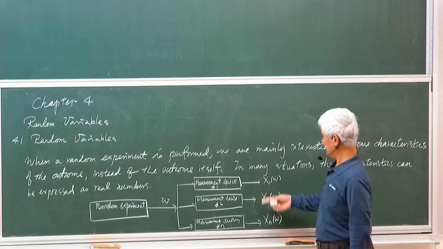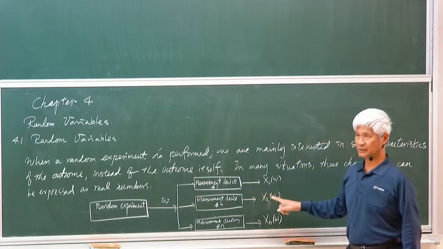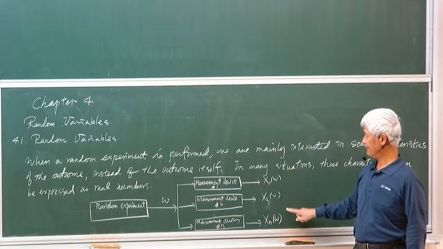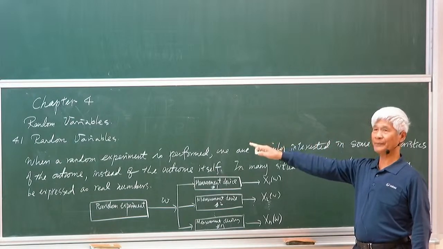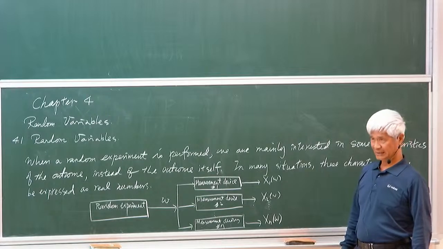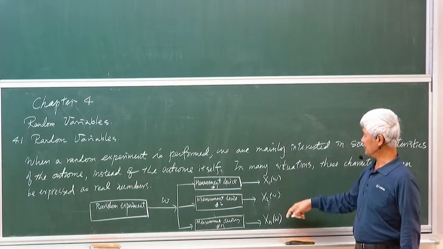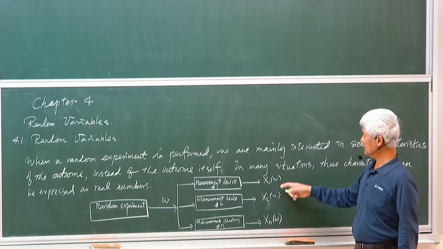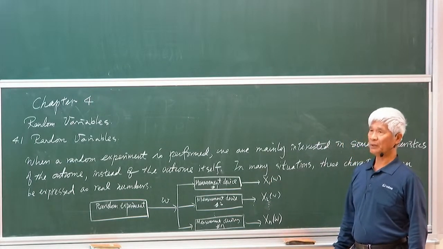So this is the real situation we have. And later, including this chapter, there are chapters 4, 5, and 6. Especially in chapters 4 and 5, we will see how random variables are used to describe events.